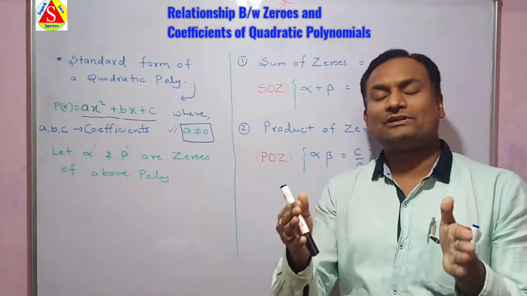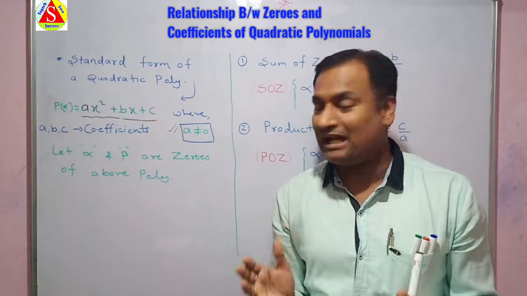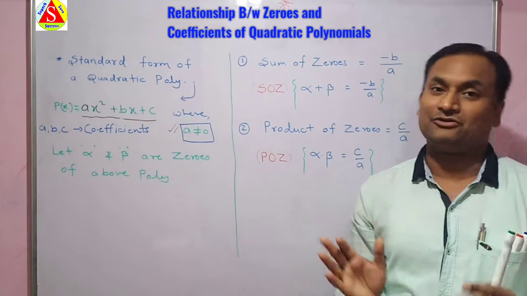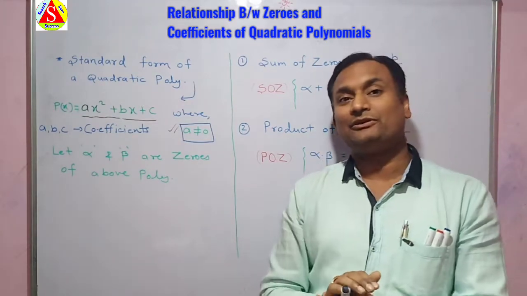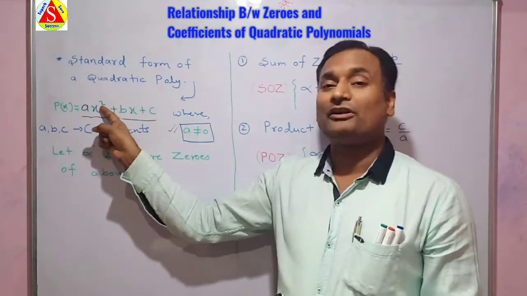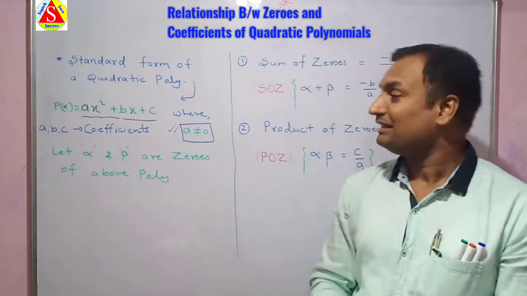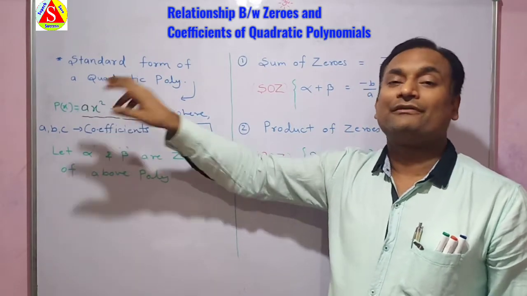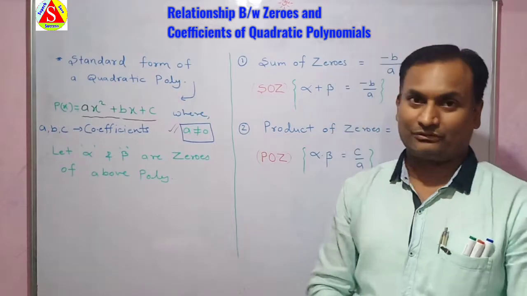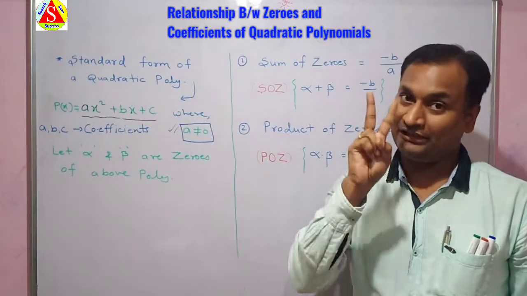So dear students, if I ask how many zeros we will have for this quadratic polynomial, as I told in the previous video, the degree of the polynomial decides how many zeros we will have. Since the degree of this polynomial is 2, we will have only 2 zeros.